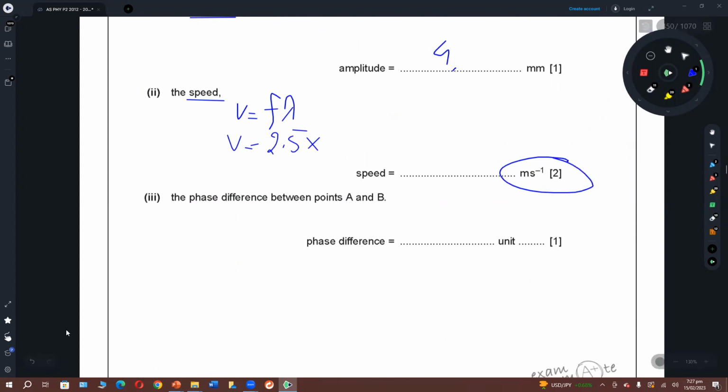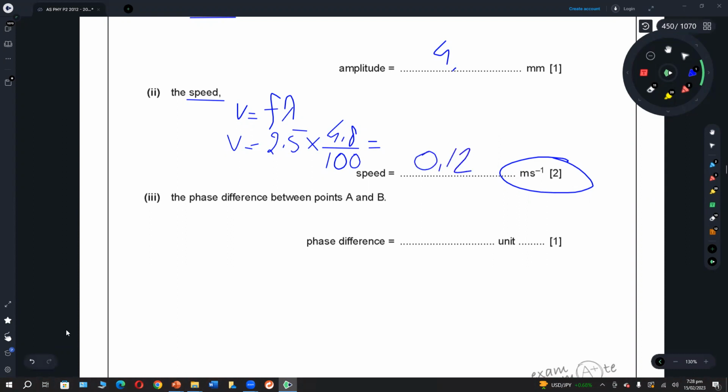Nowadays, the question guides you on whether you should convert or not. The answer is coming as 0.12.